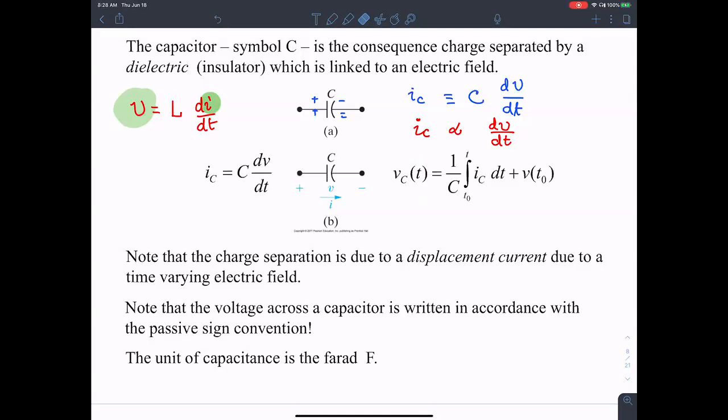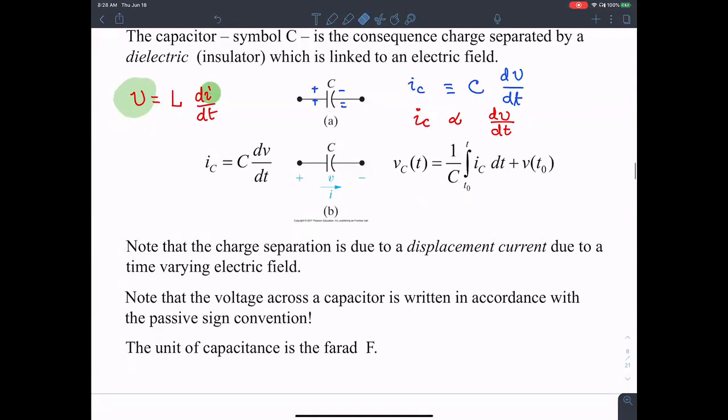Okay, so it's a displacement current due to a time varying electric field. The charge separation is due to displacement current around the capacitance. There's no current flowing through the capacitance, but because of the voltage drop across the terminals of the capacitance, it changes the amount of current in the circuit around its terminals.